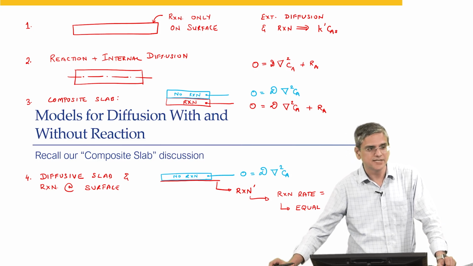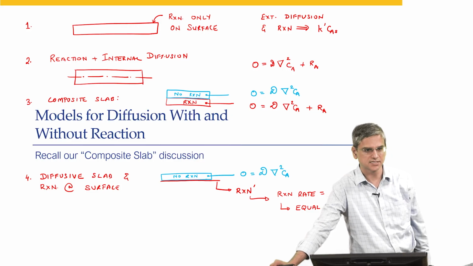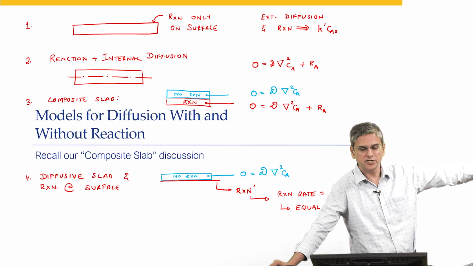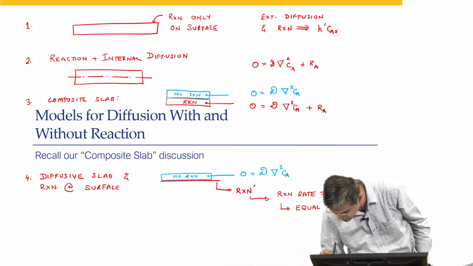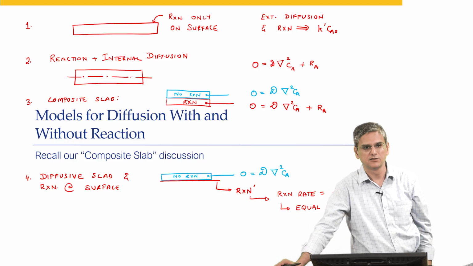Okay. So, you can either solve it as a boundary condition on one surface. Remember, one of the boundary conditions that we use outside is C_A equal to C_AS. I will write it as C_AS2, or call it C_A,cat. Okay.